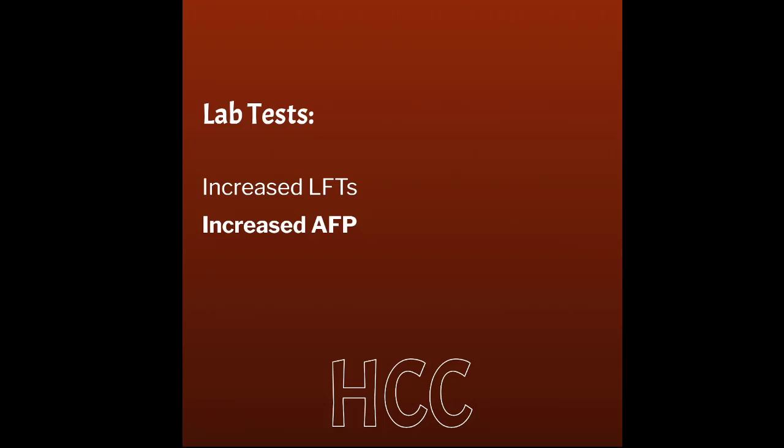And that is because the liver of the fetus produces alpha-fetoprotein, and some of that gets into the mom's bloodstream. Totally normal for a pregnant woman to have a little bit of AFP. Not normal for a not pregnant woman to have AFP. Not normal for a male to have AFP. Not normal for a child to have AFP, increased levels. So anytime that we see AFP, we are going to be pretty sure that we are going to see some sort of hepatocellular carcinoma, some sort of cancer of the liver.